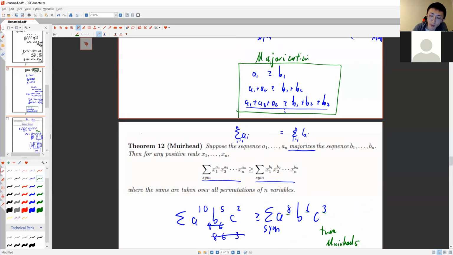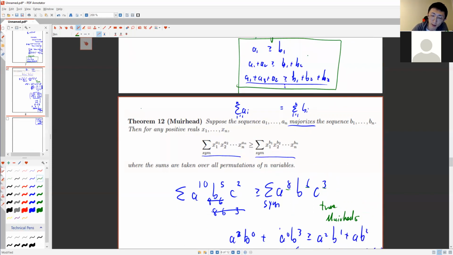And there should be some weighted AM-GM that proves it. I just probably need to think more clearly on how to find that. You can try to find it on your own, and it'd be a good exercise too.